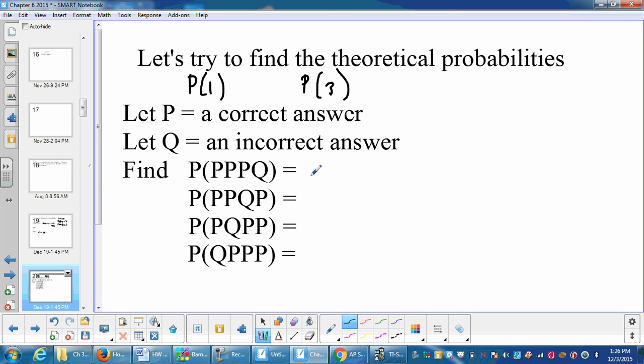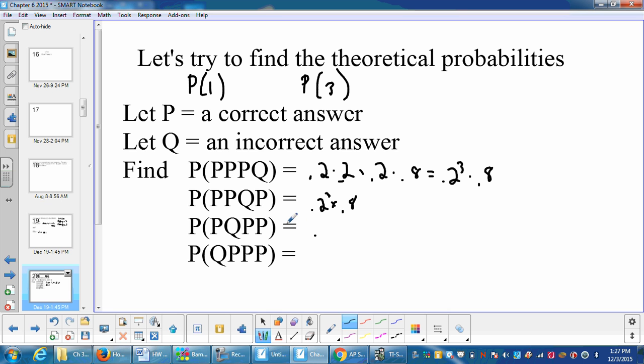So the probability you get a correct answer is 0.2, then the next one's 0.2, and then we're going to multiply it by 0.2, and then finally by 0.8. So this is 0.2 to the third times 0.8. Now over here we have 0.2 times 0.2 times 0.8 times 0.2, which again is 0.2 to the third times 0.8.